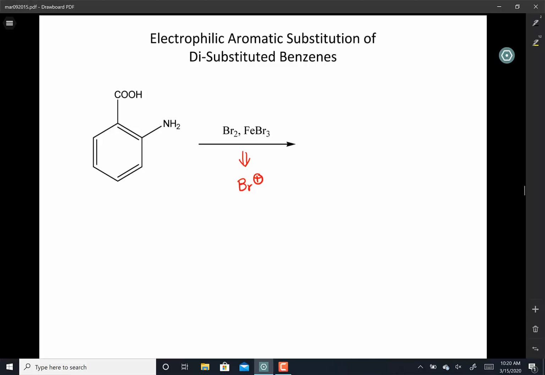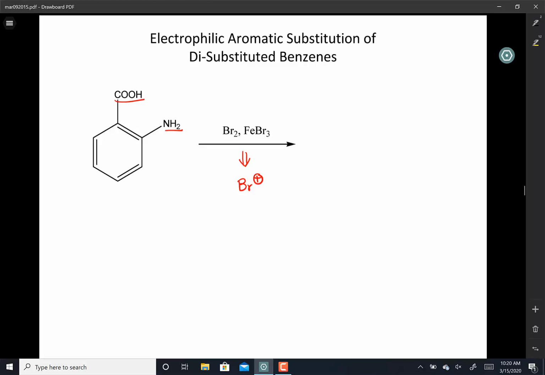So where is that Br+ going to go? Well, what we're going to do is compare the groups that are on the ring, and the group that is highest up on the chart, the one that is either most activating or least deactivating. Basically, if you numbered the groups from number 1 to 10 on the chart, the highest one is going to do the direction.